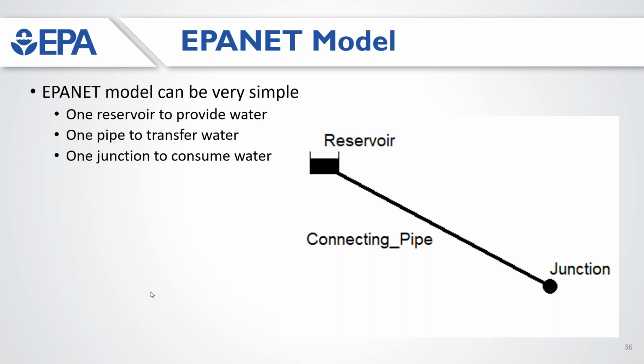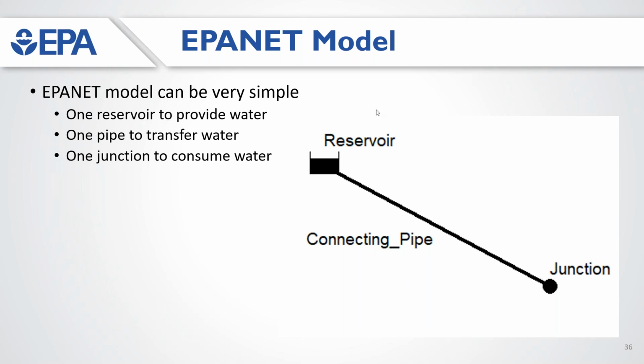I'm going to talk about EPANET, the modeling capability. Basically, it's hydraulic and water quality modeling capability. First of all, an EPANET model can be, of course, very complicated, but it can be extremely simple.